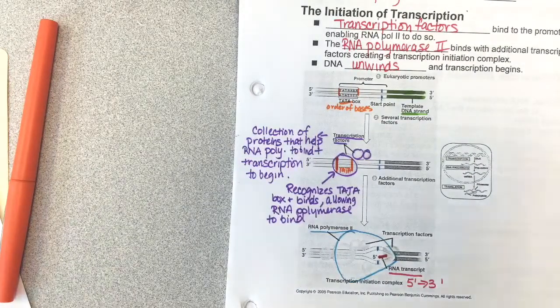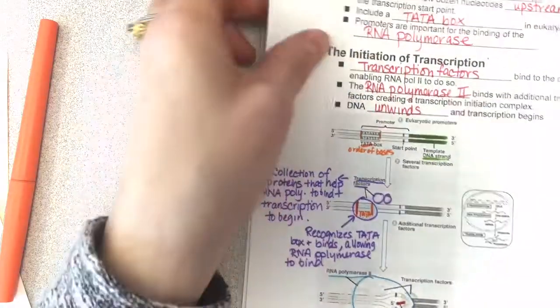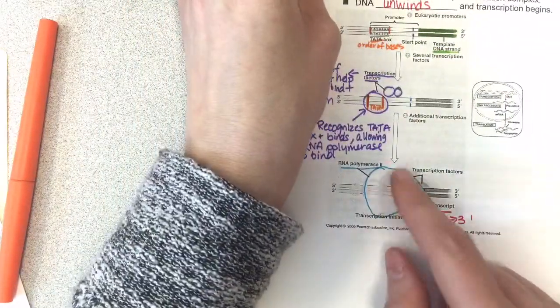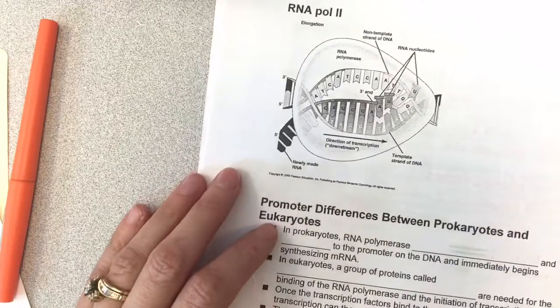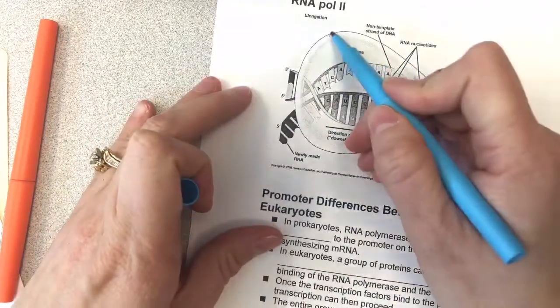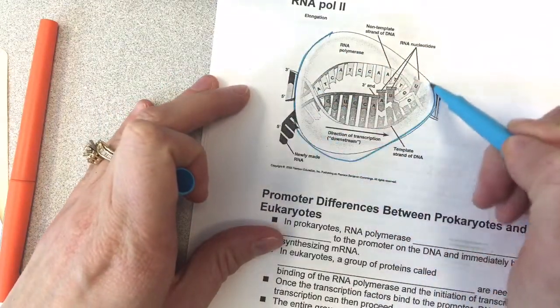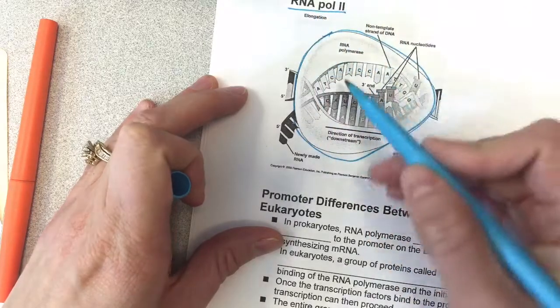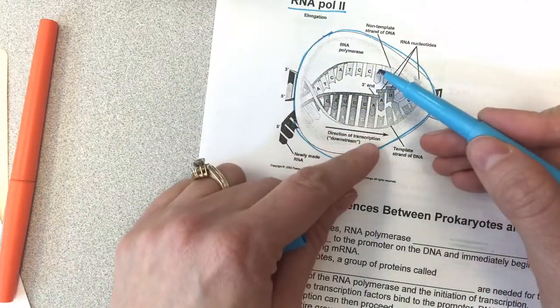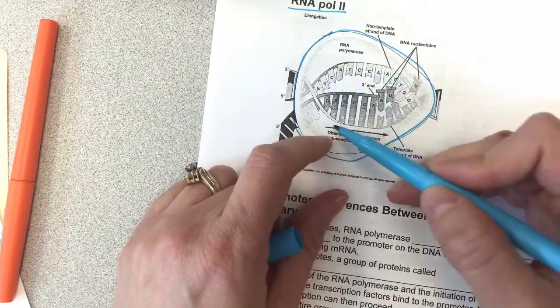Okay, so then flip over. What the next picture does is enlarge this particular part here, RNA polymerase with the DNA and the mRNA that it's making. Going back from the last picture, here's your RNA polymerase. It unwinds and breaks apart the two sides of your DNA, so this side and this side.